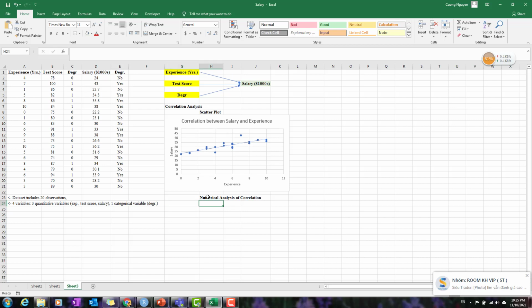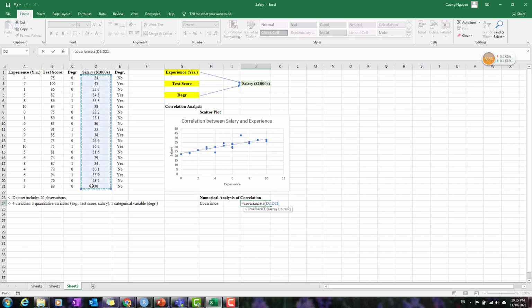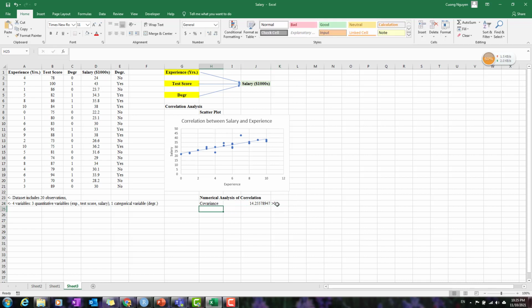The first number would be, remember, the covariance, right? So with the covariance, I would use COVARIANCE.S, because this could be the sample, right? So I select the salary, and the other array would be the experience, and I want to see it. So that could be a positive number, and the correlation coefficient.